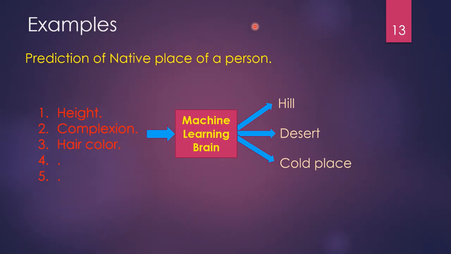The person may belong from a hill, or maybe from a desert area, or maybe from a very cold place. Cold place does not mean hill, which is also cold, but I mean places very near to the south or north poles, or something like that.